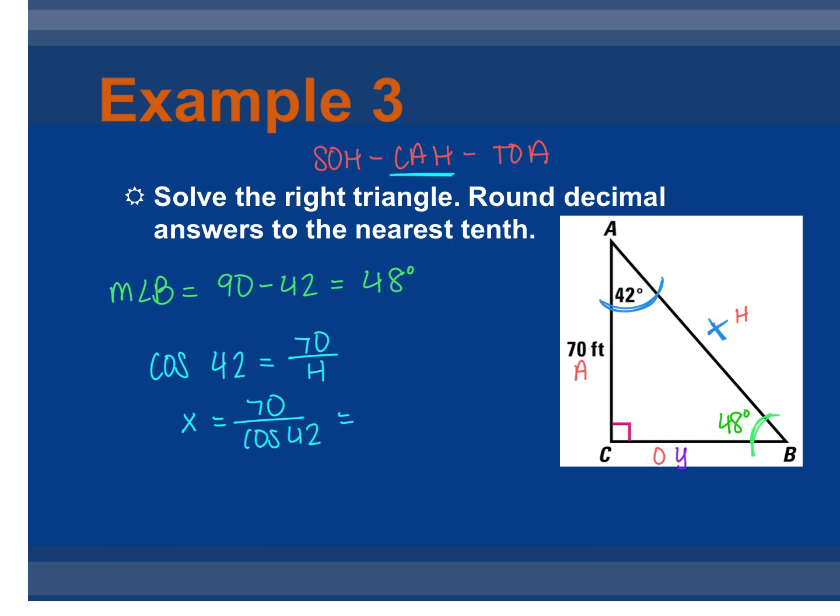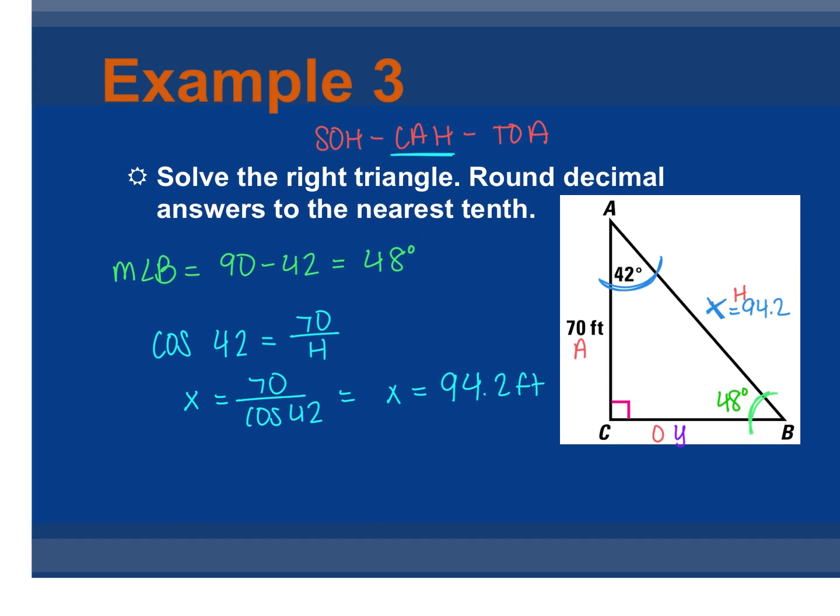And if you solved it correctly, your x is going to equal 94.2 feet. To round it to the nearest tenth, that's what I did. So this is 94.2.